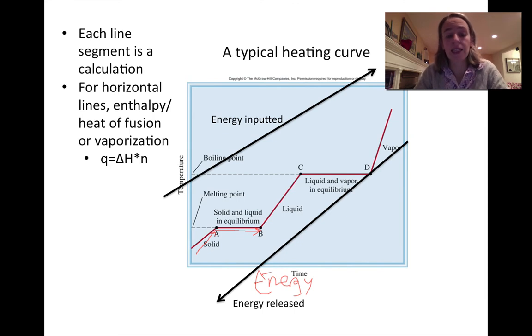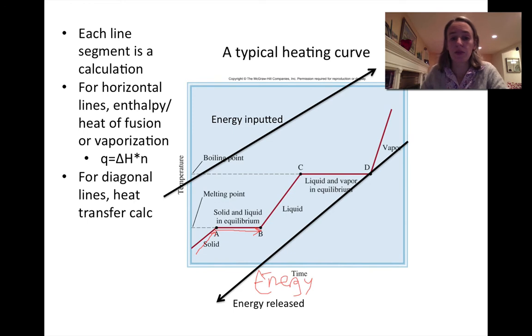To calculate the amount of heat involved, we're just taking that heat expressed on a molar basis, kilojoules per mole, and multiplying it by however many moles we have of the substance. For the diagonal lines, raising the temperature of the liquid from the freezing point to the boiling point, for example, we're doing a heat transfer calculation like we did last semester. Q equals m times s times delta T.